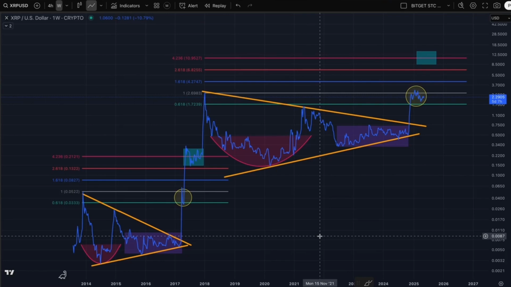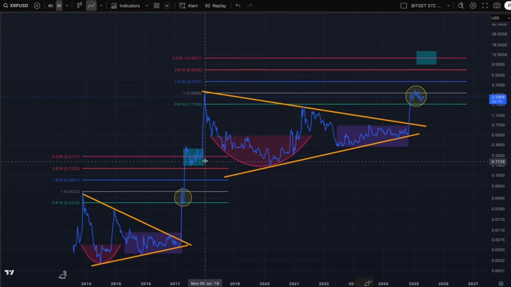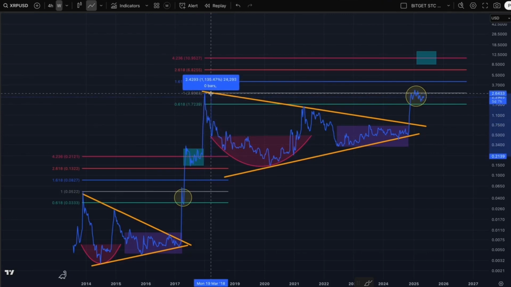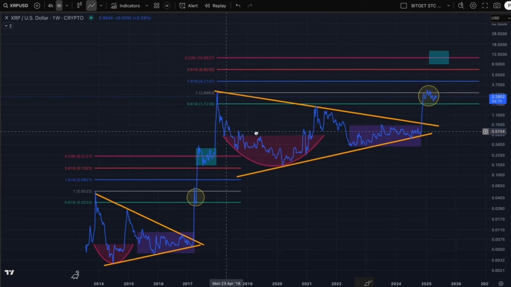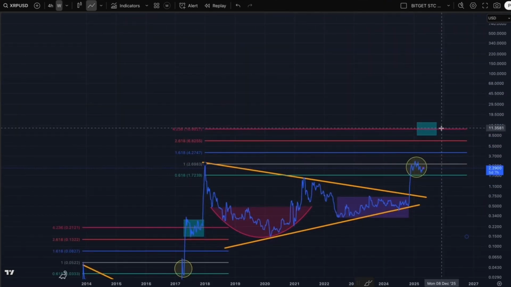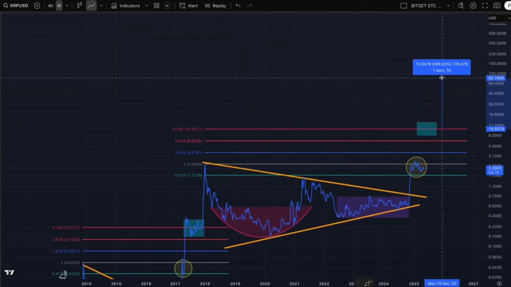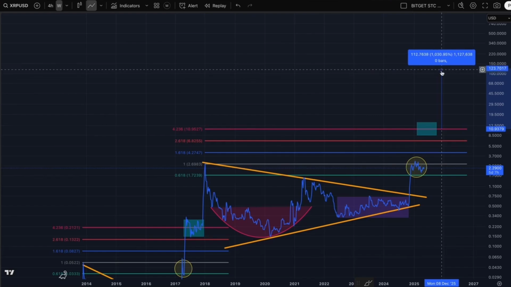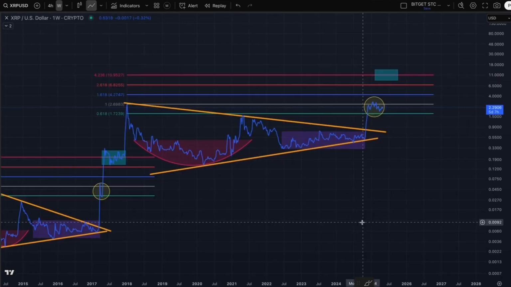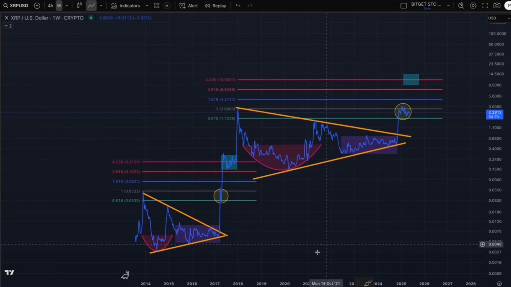I mean, call me crazy, we could be seeing significantly higher prices, because if we are to draw out this move from the 4.236, which was again about another 1,000% move, and if we draw out 1,000% from here, this is where you get crazy numbers. This was just a little bit of a thought experiment, because having a look at this chart, it looks very similar. I don't think it's implausible.